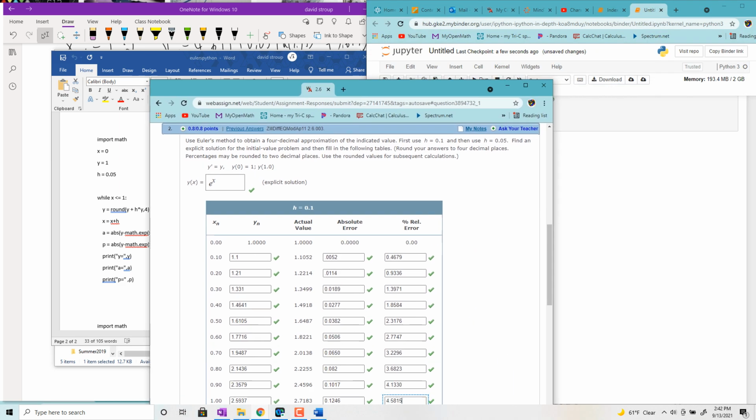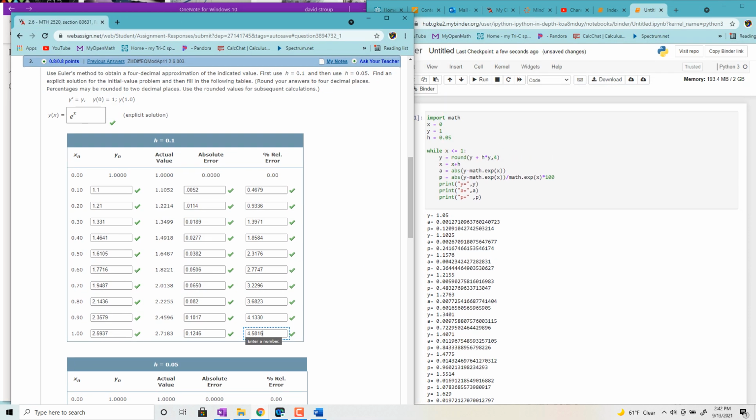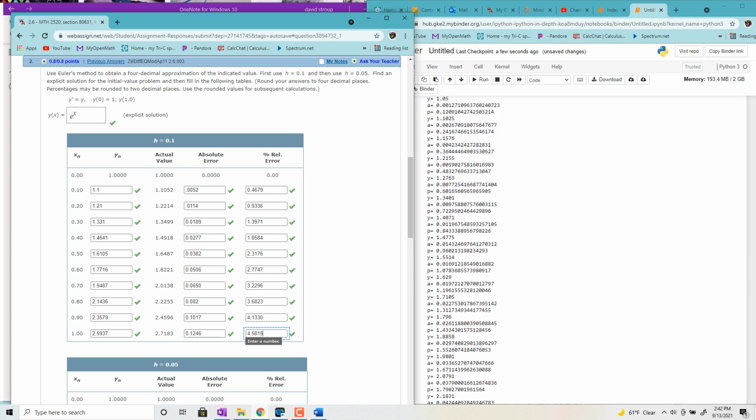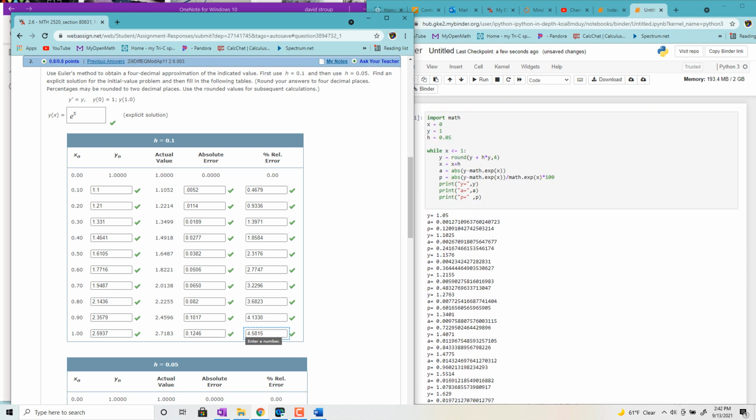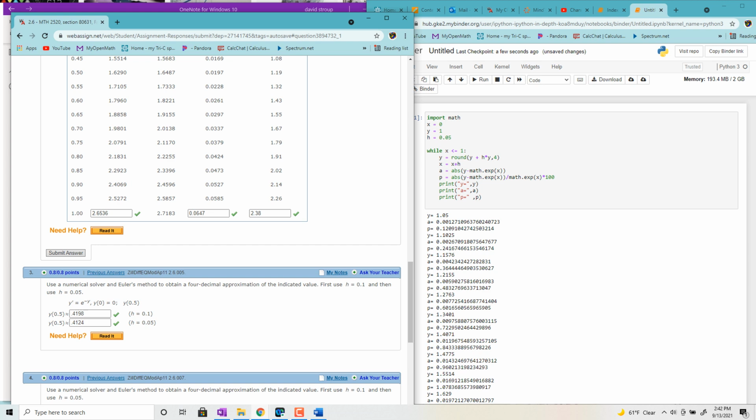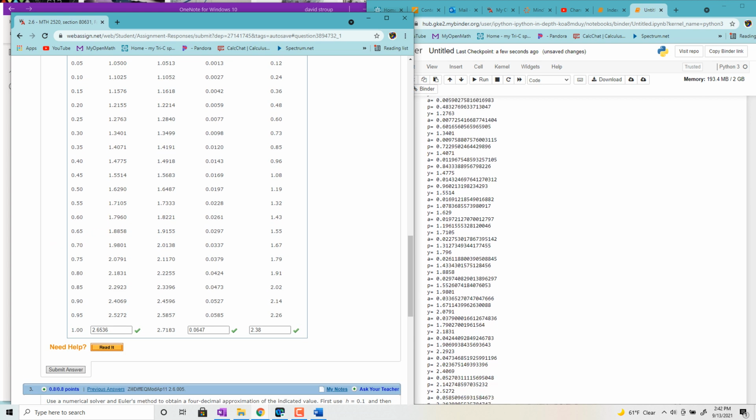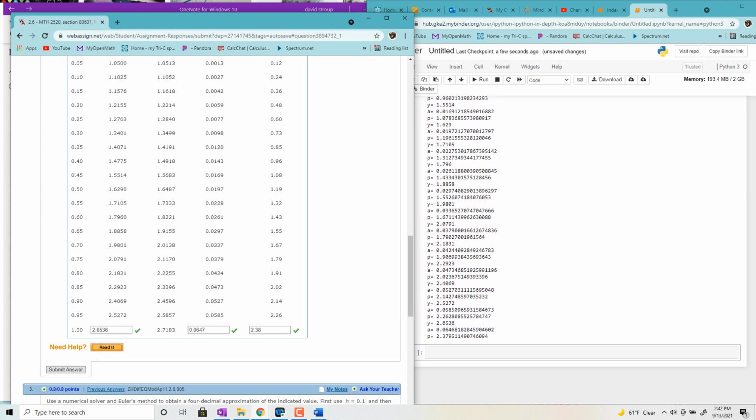The way I got it set up, this should give you the chart. But if you look at my answers, they're a little off as you get farther down. Actually, this is the 0.05 version that I did here. I think I went a little bit too far.